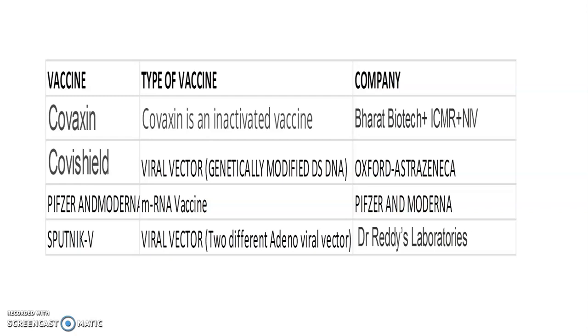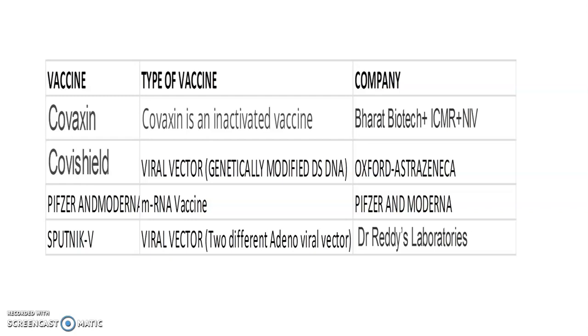Indian companies are now developing it too: Dr. Reddy's Laboratories is working on developing Sputnik-V. So Sputnik-V works in a similar way to the Oxford AstraZeneca vaccine, Covishield, but it is a combination of two different adenoviral vectors, AD26 and AD5.